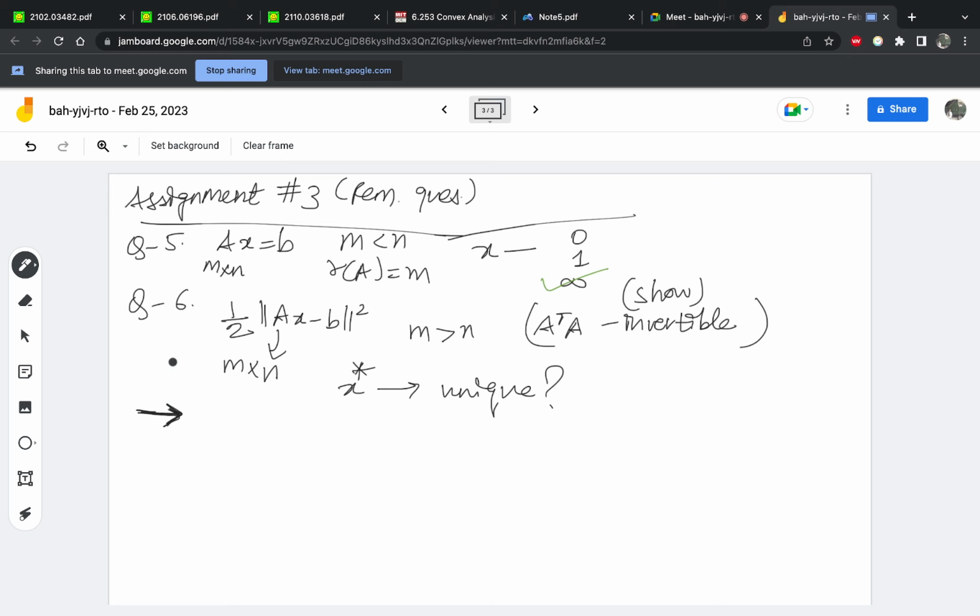It may not always be solvable, right? I have been given a crucial piece of information, which is that A transpose A is invertible, meaning that A is full column rank. So note that it is a tall matrix, it's not a fat matrix.